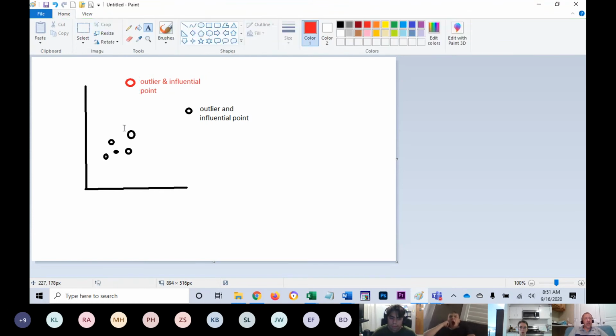The problem with this red dot here is it's going to pull my regression line towards it. Whereas if I stick with this point, so pretend this isn't here anymore, this other point here is probably going to be more in line with the data.